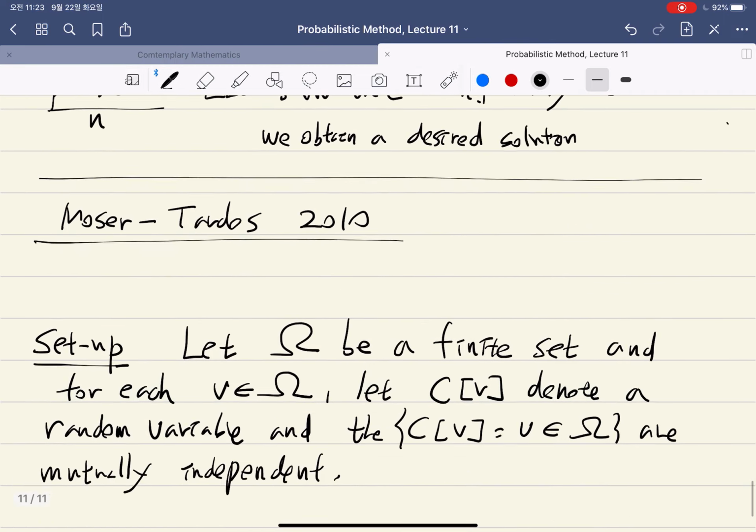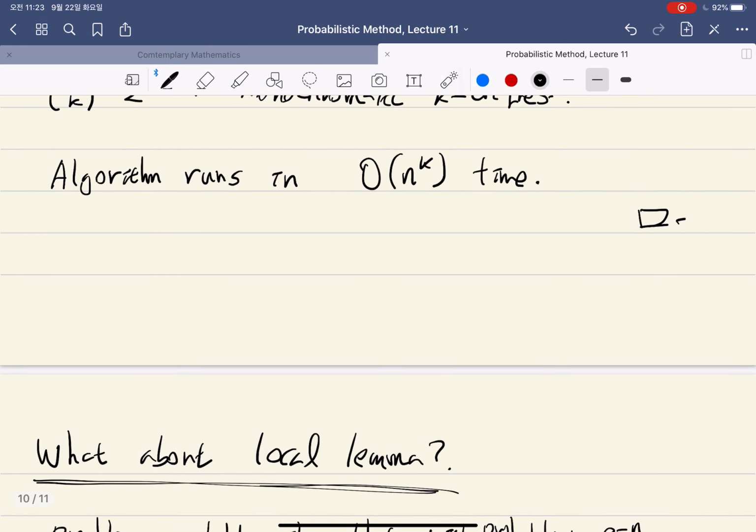So, for example, we use the local lemma to prove a bound on Ramsey number. There, we consider that all the edges we color with either red or blue. And how we color each edge is a random variable.